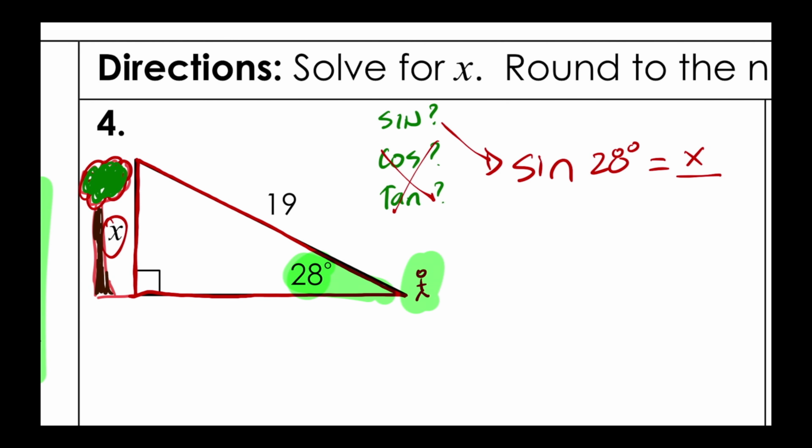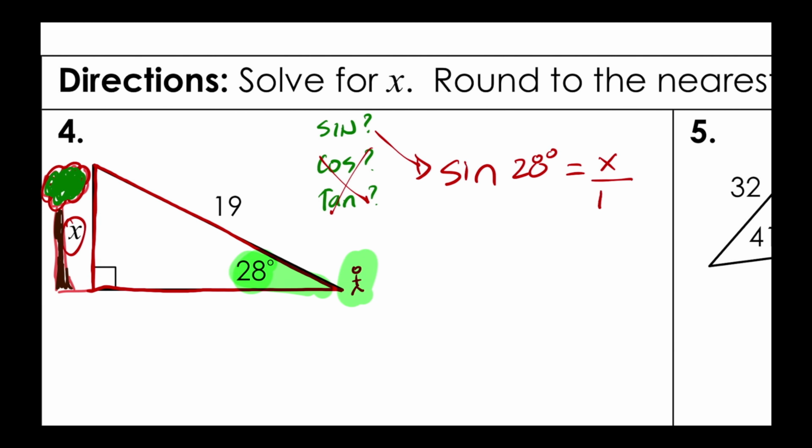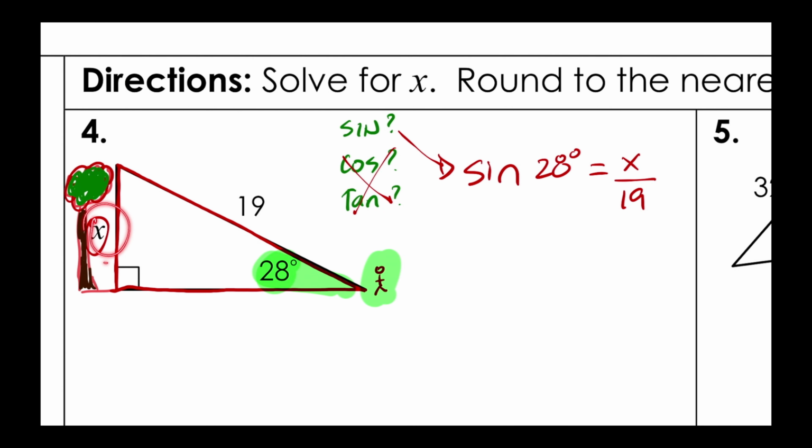What's the hypotenuse? 19. Just like we did up here, we set up sine of my angle equals opposite side over hypotenuse. So the sine of 28 degrees is x over 19.